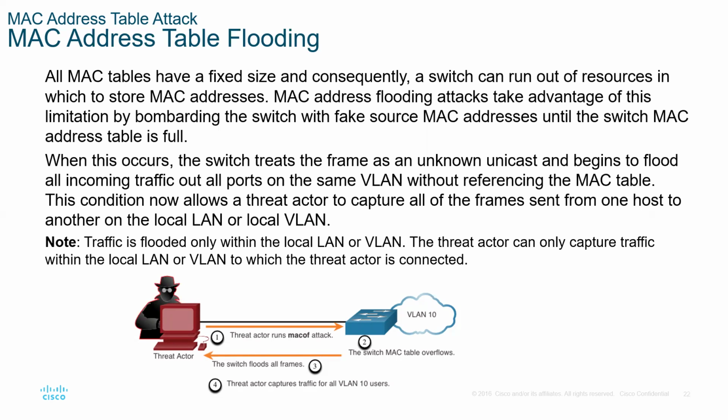MAC address flooding attacks take advantage of this by bombarding the switch with fake source MAC addresses until the switch MAC address table is full. When this occurs, the switch treats the frame as an unknown unicast and begins to flood all incoming traffic out all ports on the same VLAN without referencing the MAC table, allowing threats to capture all traffic.